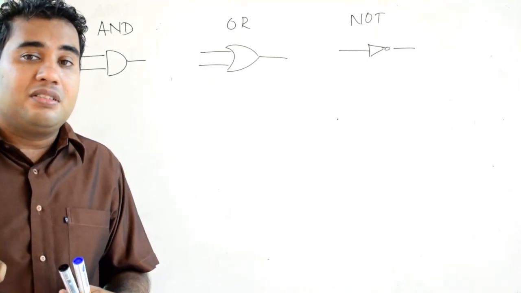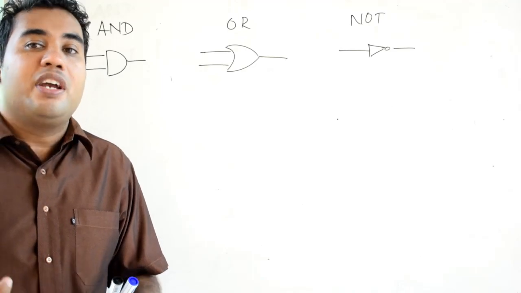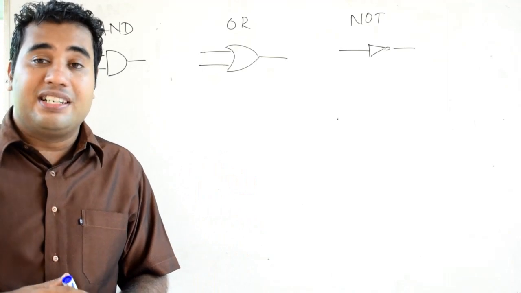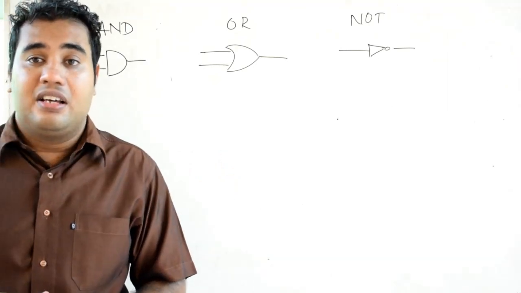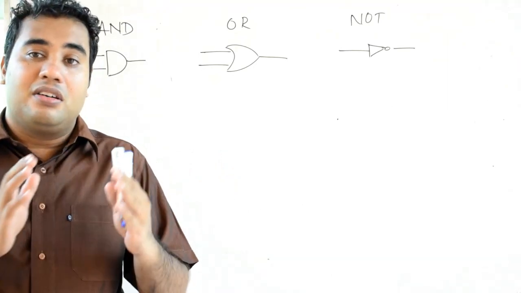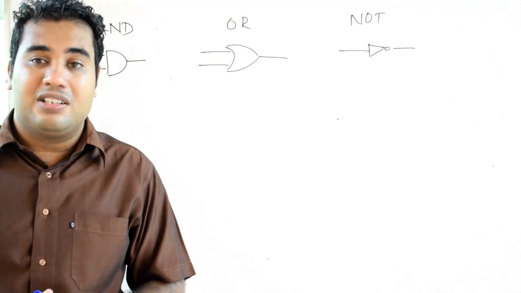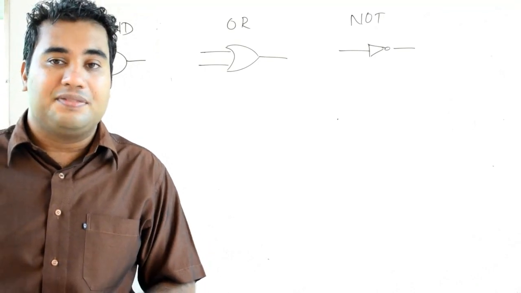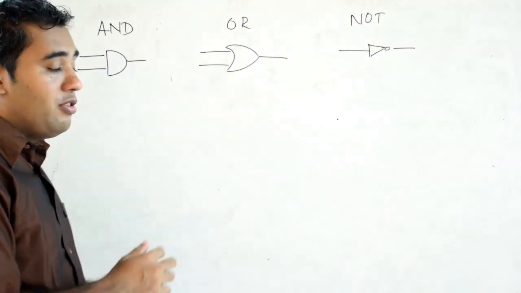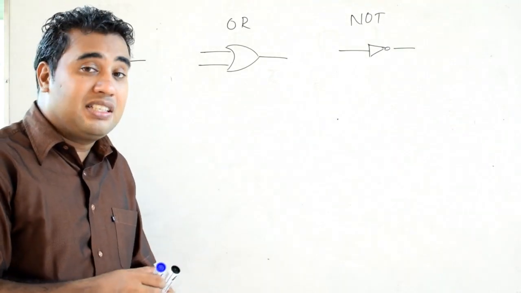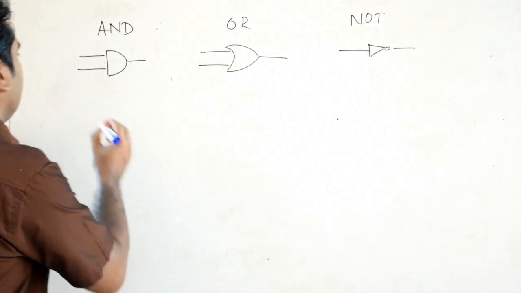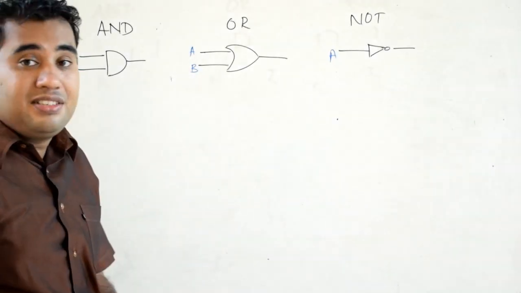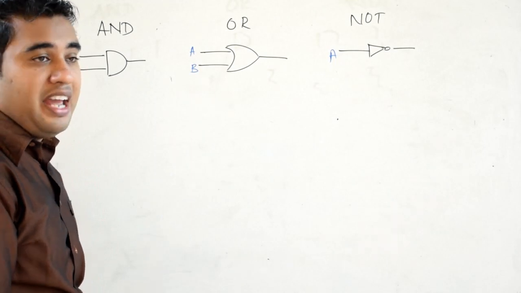A variable is something whose value can vary within some range. In logic circuits or logic gates, a variable can vary between 0 and 1. The value can be either 0 or 1. So here we are going to represent the variables as A and B. For now, let's represent the output as F.